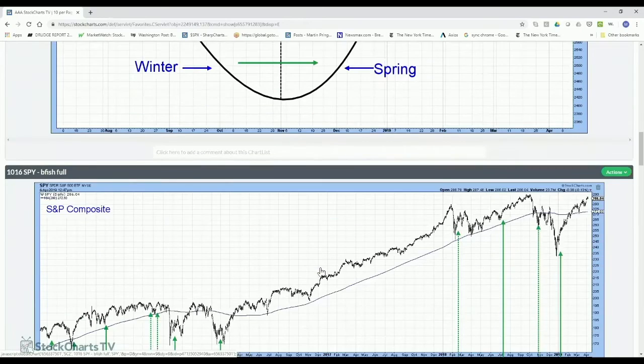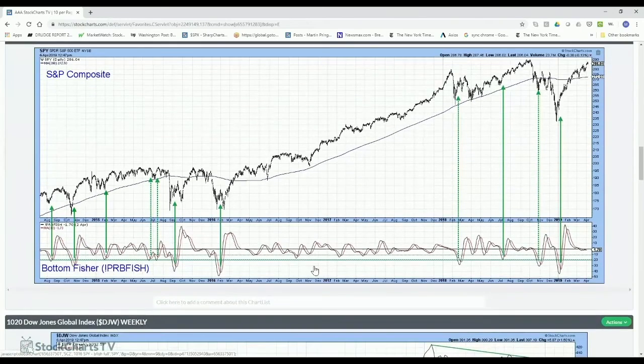So this is the B fish here. And because it moves inversely to stock prices, the indicator is calculated inversely. So when a high number of stocks is in that winter position, you actually get a low reading in the indicator. It doesn't call tops, it just calls bottoms.